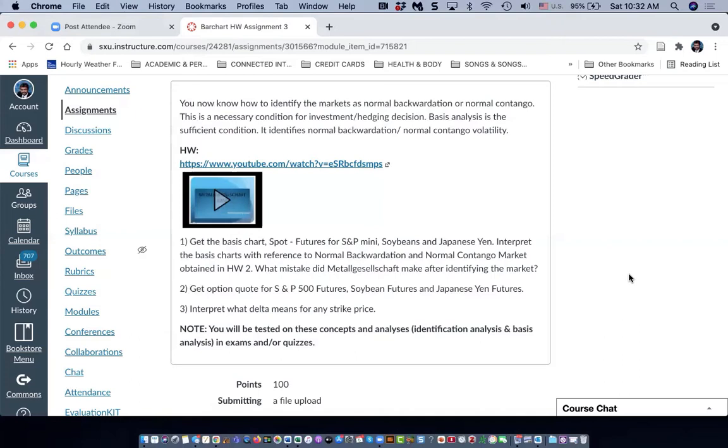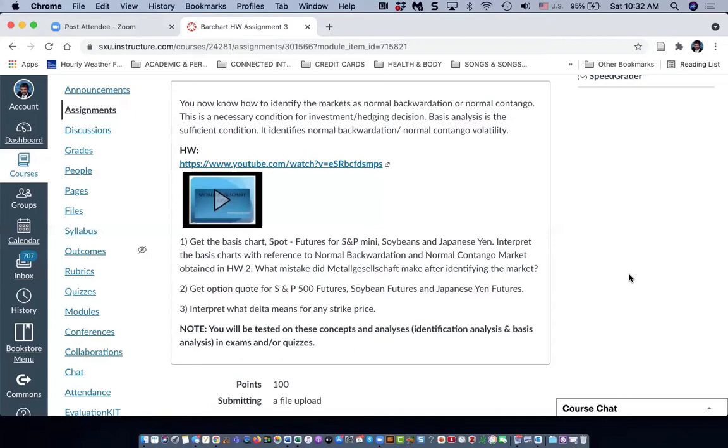If you take that to be the correct identification, in this case you do the basis for academic reasons. Why? The necessary condition failed. So you do the basis and then you say that had it been identified as normal backwardation or normal contango, then with this basis we could have invested.